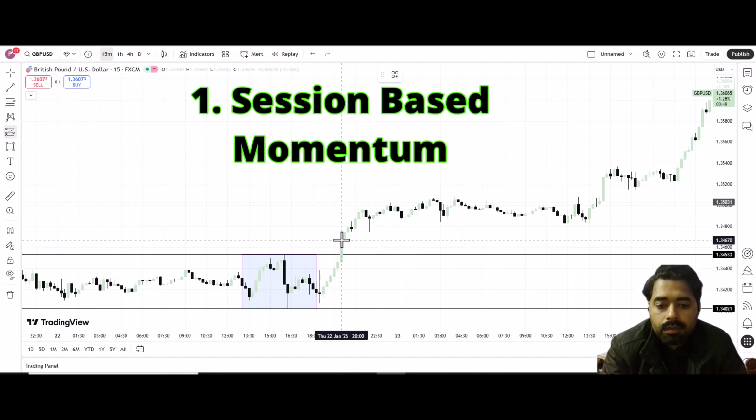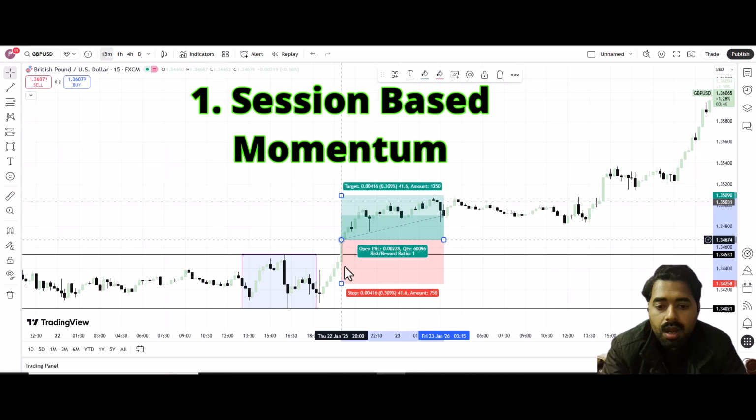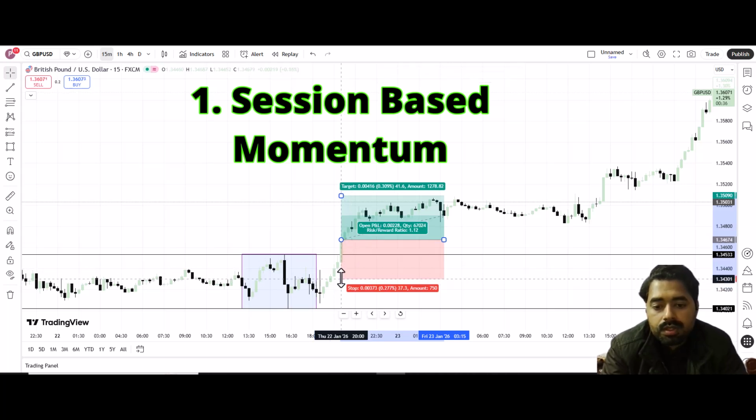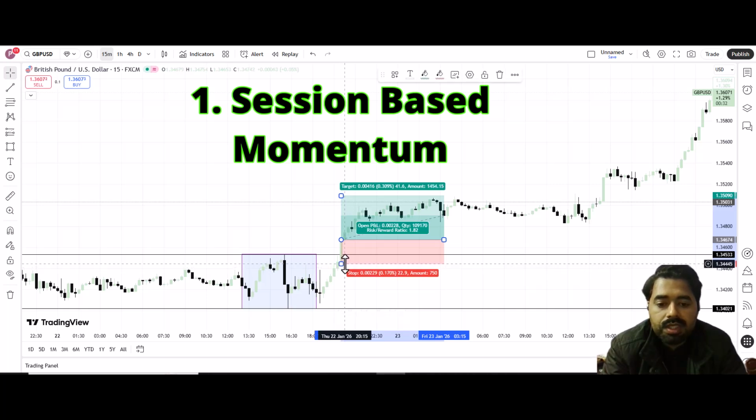When the market has clearly broken out of this range, you can mark your entry, and for the stop loss you can maintain it below the low of this candle and keep your take profit around 1:2, or you can also look at if there is any support or resistance level.